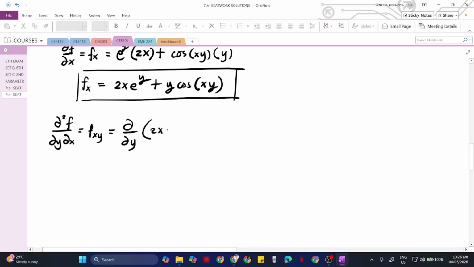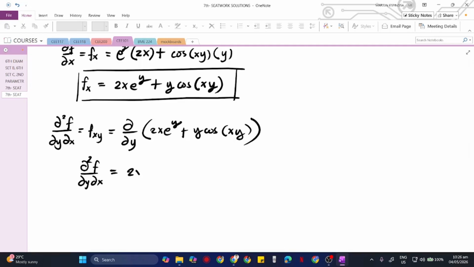Itong 2x e raised to the power of y plus y cosine of xy, no? We will be deriving this one with respect na naman sa y. Okay? In other words, your d squared f over dy dx, that will be equivalent sa, yung 2x natin will now be treated as a constant. Okay? So we can set that aside.